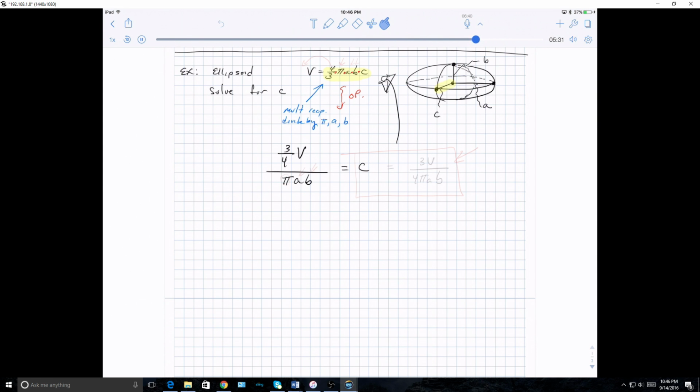But another way to look at this is really 3V over 4 pi AB. And we really don't like to leave the pi in the denominator. So if we were going to do this to full completion, we would actually get rid of that pi. But you know what? Let's leave it like that for now.